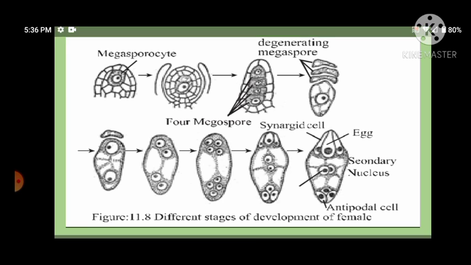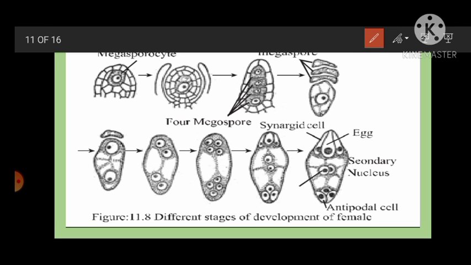We have to clear the position of synergid cell, antipodal cell, and secondary nucleus. There is the synergid cell we can see, and the middle cell is egg, and these two are called secondary nucleus, and this part is antipodal cell. We can see there are three antipodal cells.